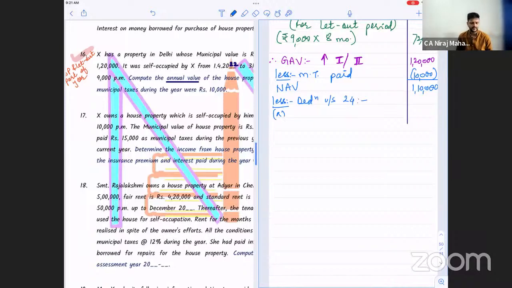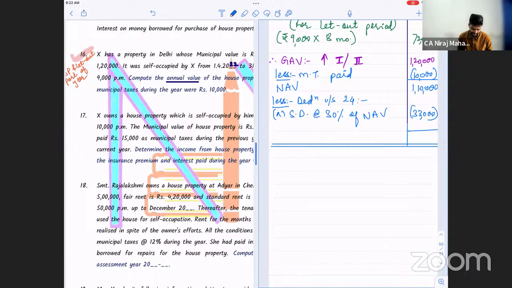24A, standard deduction at the rate of 30% of NAV, 33. Do we have 24B, etc.? Nothing. Not given actually in the data. So that is our income from house property. Yes, 77,000.